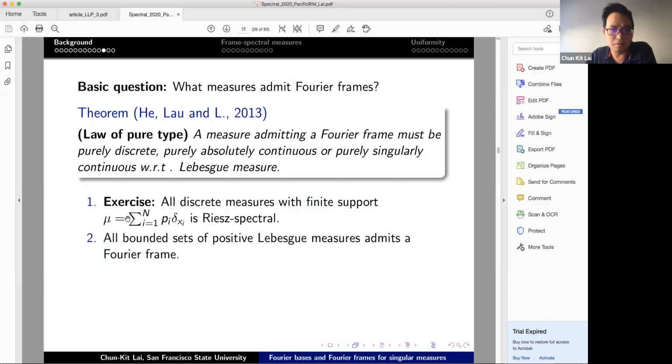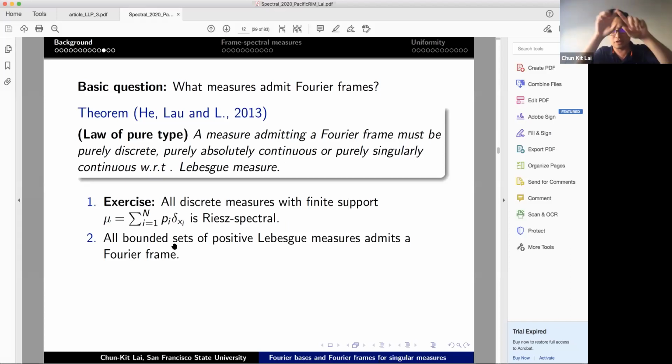Let's go to absolutely continuous measures. As we talk about the Fuglede conjecture, orthogonal bases are kind of difficult, but Fourier frames for bounded sets are pretty easy. You can imagine if you have a bounded set of whatever very ugly shape, you find a square covering it, and the square has orthonormal bases.